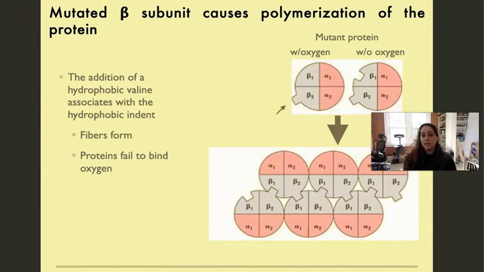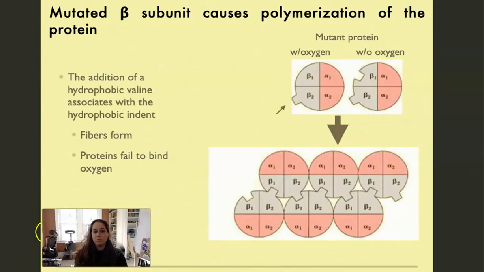So they're going to fit together like this, in the corner here, so just notice that this hemoglobin molecule is turned 180 degrees clockwise, and this one is flipped vertically, and we start to get this aggregation again.